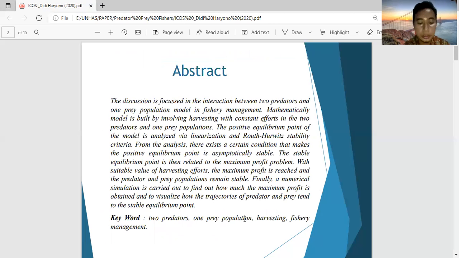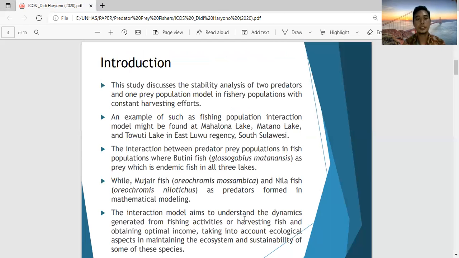This abstract is a summary of the contents of this paper, which contains the focus of the analysis, mathematical modeling, and results of numerical simulation. This study discusses the stability analysis of a two predators and one prey population model in fishery management with constant harvesting effort.